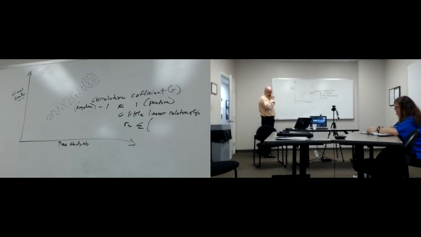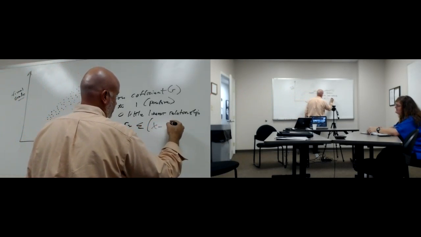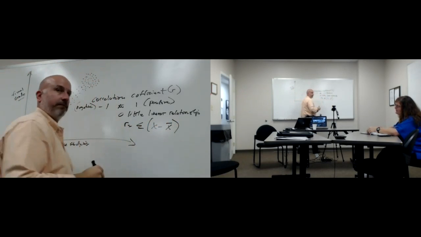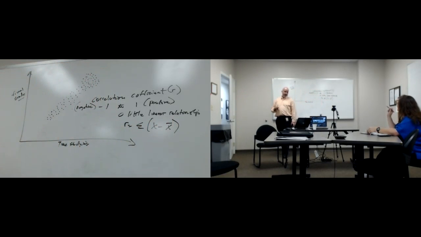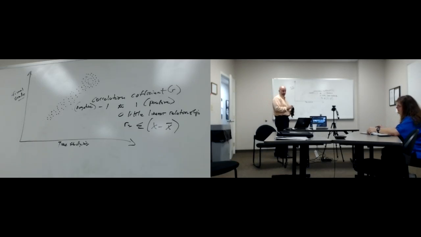X is the representation. And what's X bar? Is it the standard deviation? No, X bar is the mean. The mean of the population? No, the mean of the population is mu. That's right. It's the sample mean.